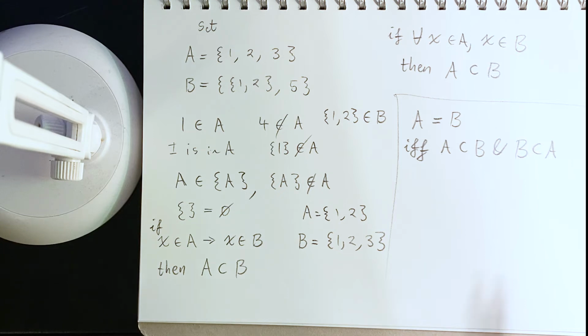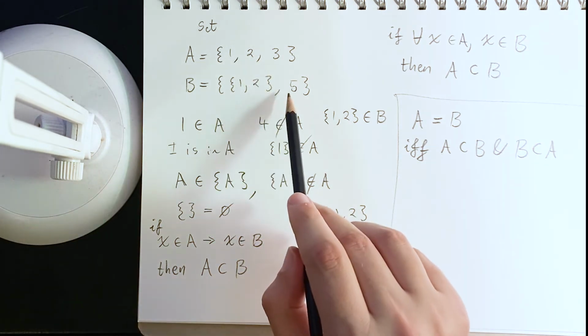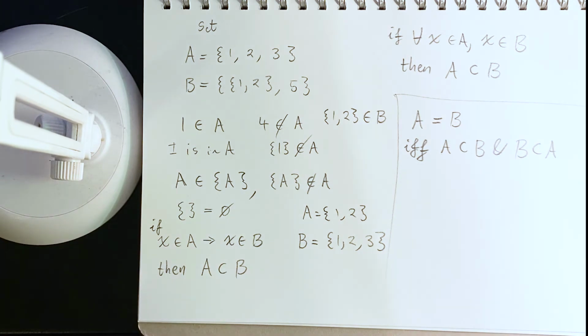In other words, all of the elements are the same. Elements in a set don't need to be ordered. If I have the set which is 5, then the set with 1, 2, in this B but reordered, those are both equal to each other.